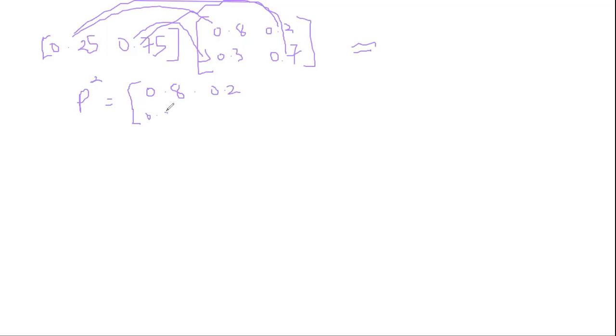I wanted to do the multiplication straight away, but for all you know, by the time I finish, somebody will ask me to repeat everything. So let's do it systematically. So 0.8, 0.2, 0.3, 0.7. Then let's do the multiplication.